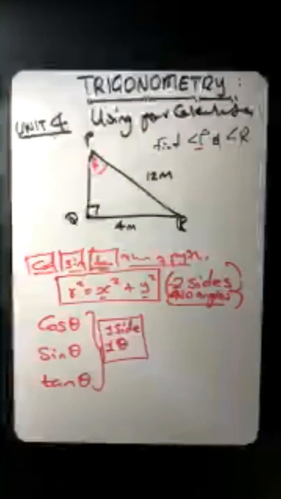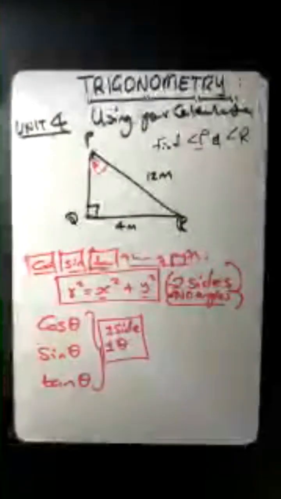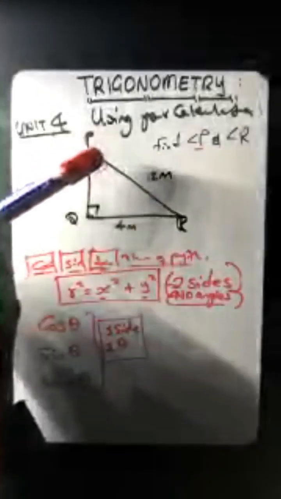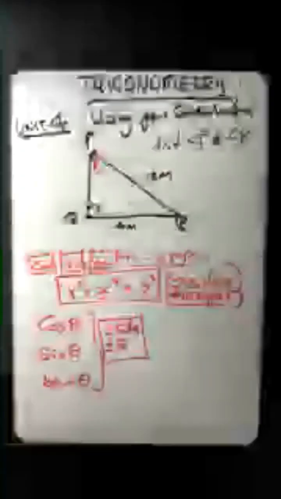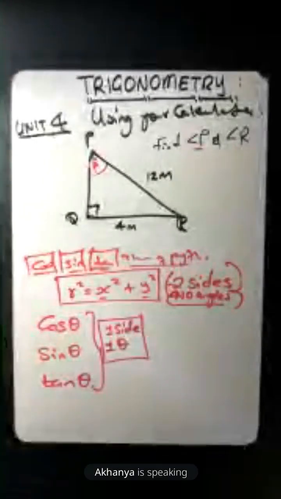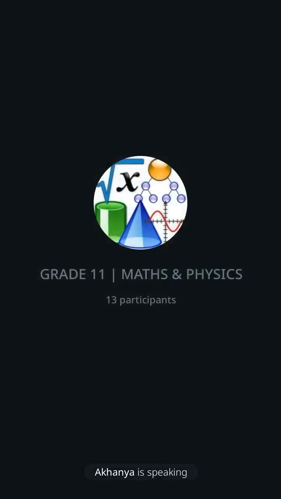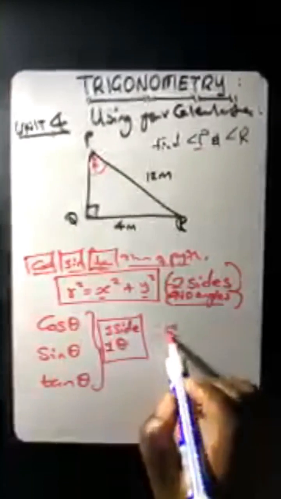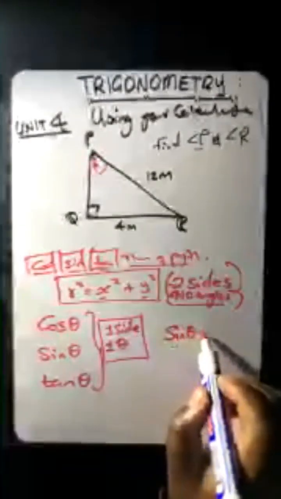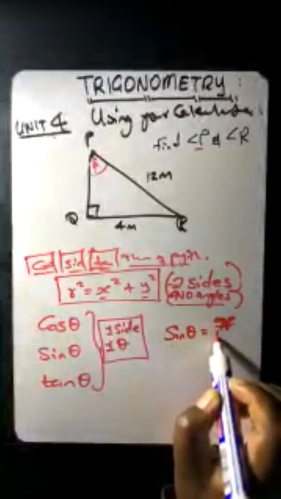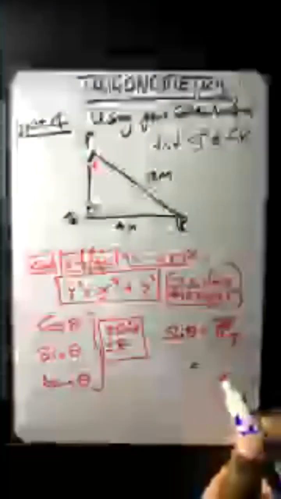Okay, so anyone who would like to guess, how are we going to find angle P? We can use sine theta, opposite over hypotenuse, which is 4/12, and get the answer. Opposite over hypotenuse.